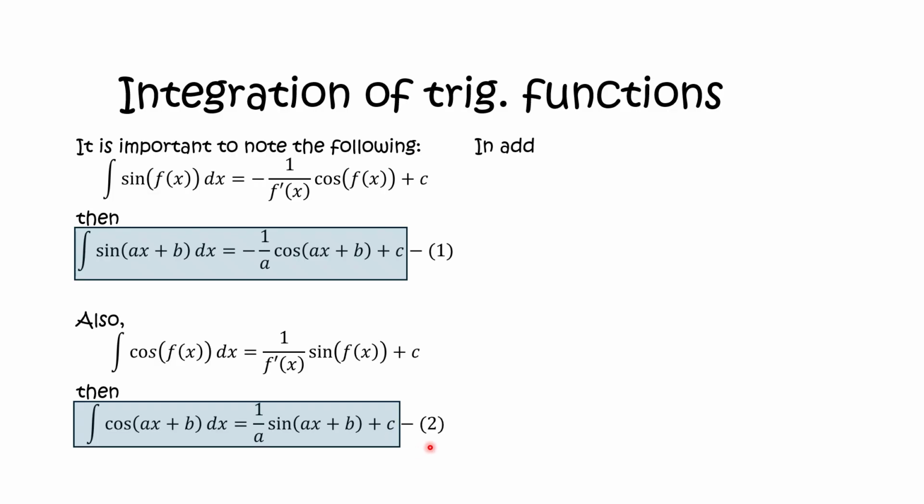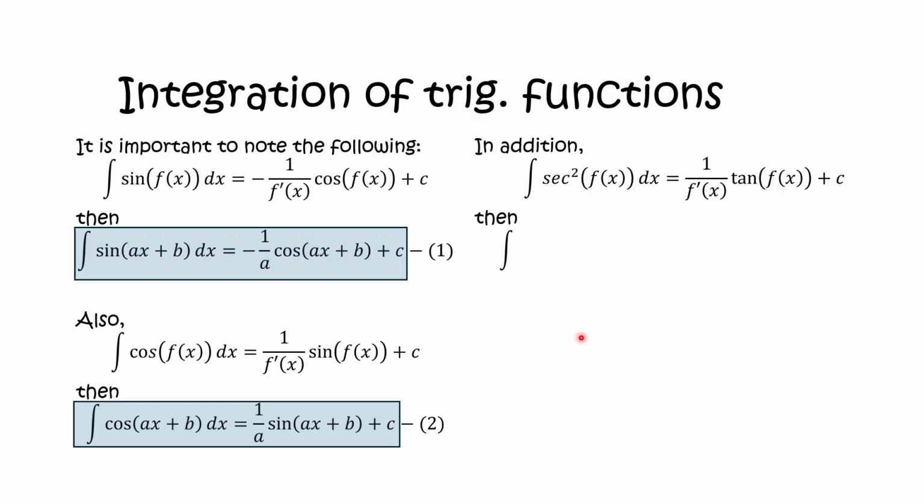Moving on, in addition, if we have sec squared of f of x dx, we are going to have 1 over f prime of x times the tan of f of x plus c.